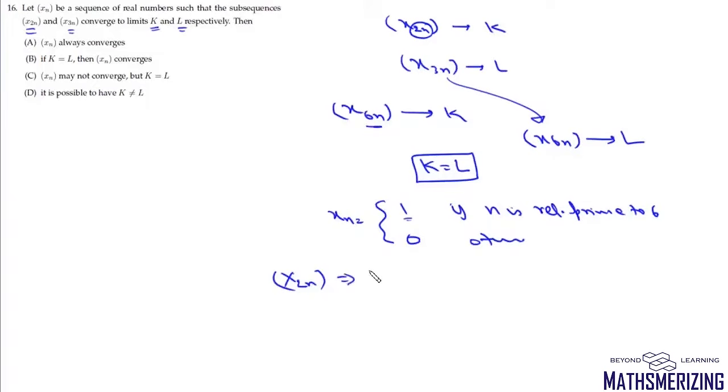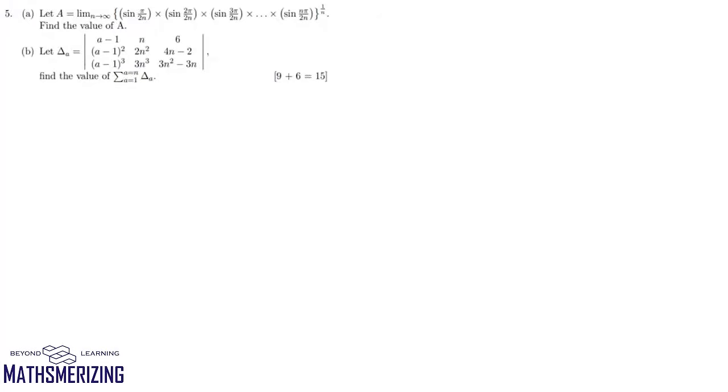So this sequence will converge to 1, and also x3n will converge to 1, but then xn does not converge. So answer to this question will be xn may not converge, but k is equal to l, and that's your option number C.